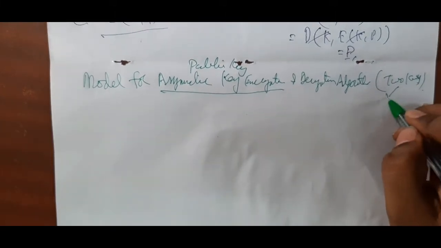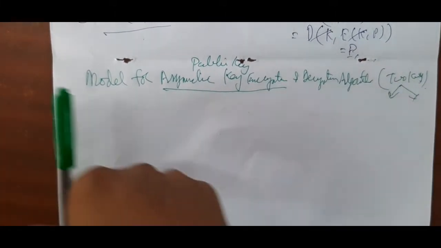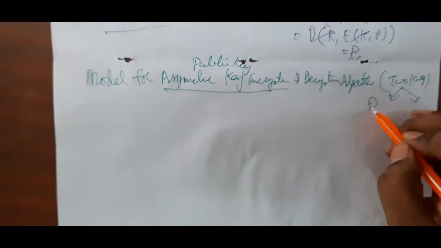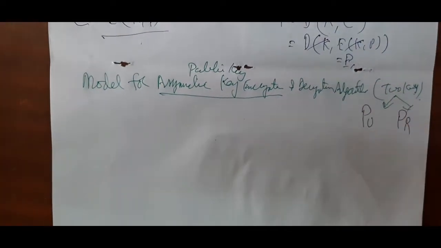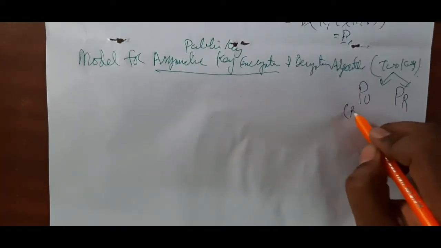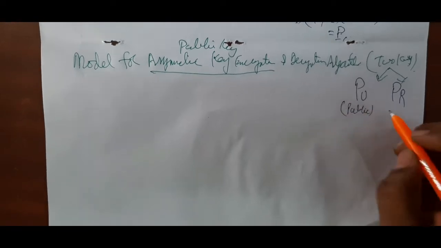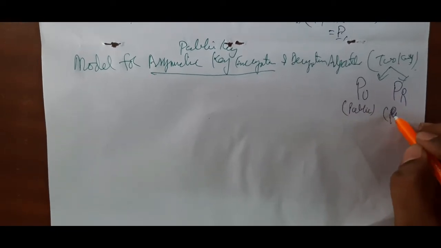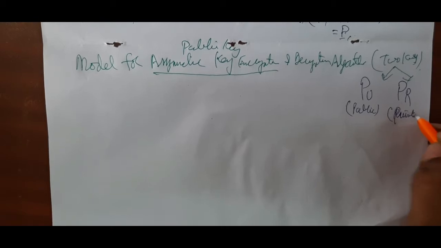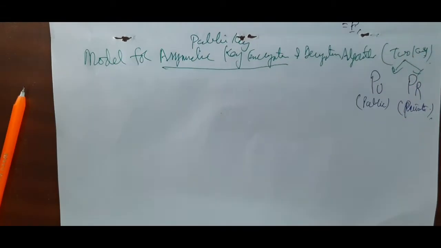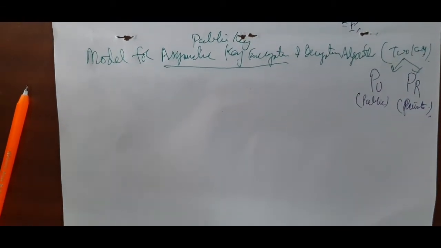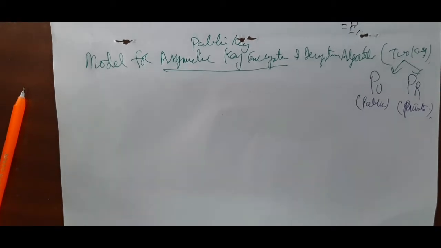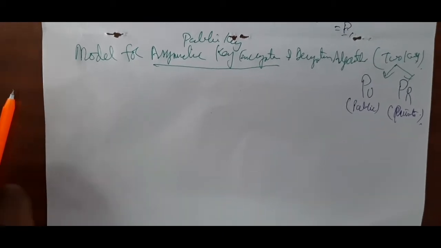The two keys are public key PU and private key PR, right? This we call public key and this we call private key. So in this particular model of asymmetric key encryption, every user in the network will have two keys, that is public key and private key, right?